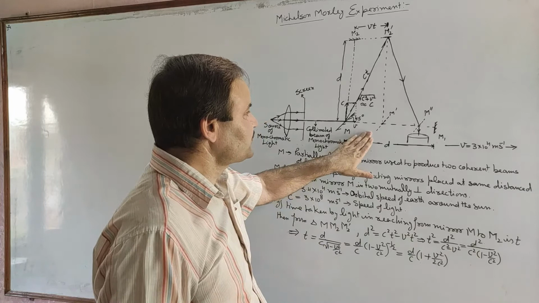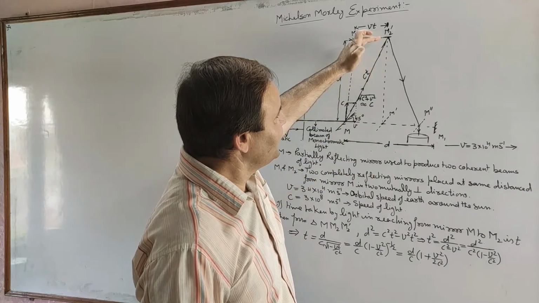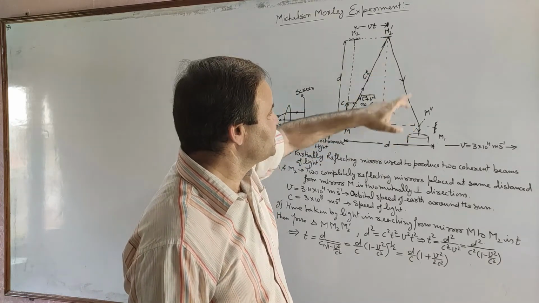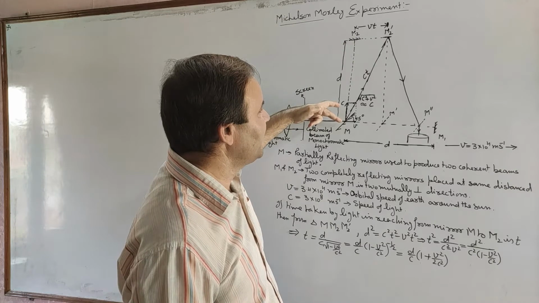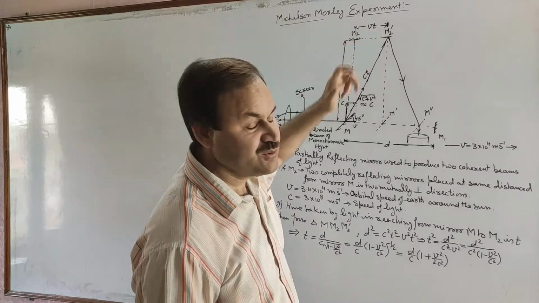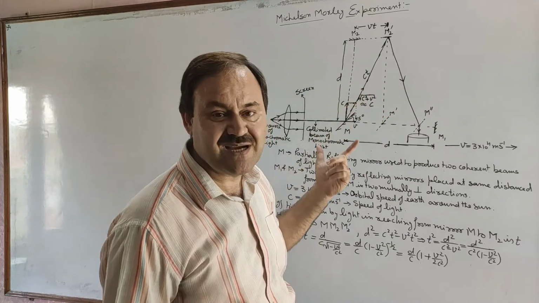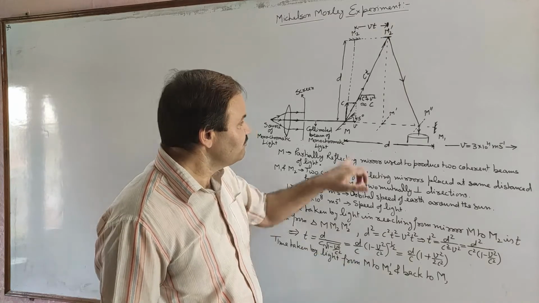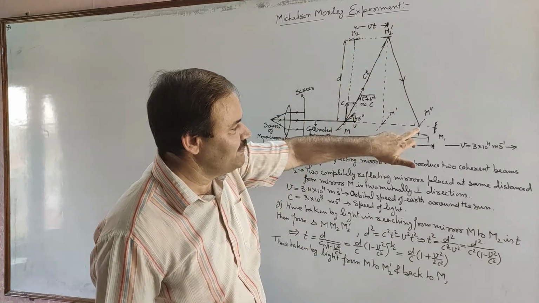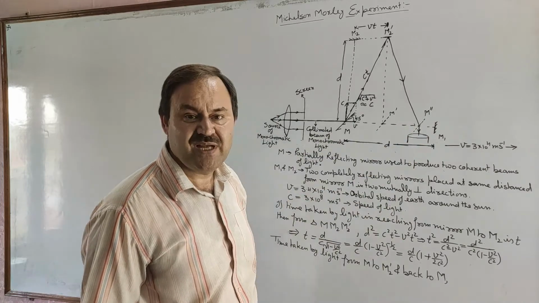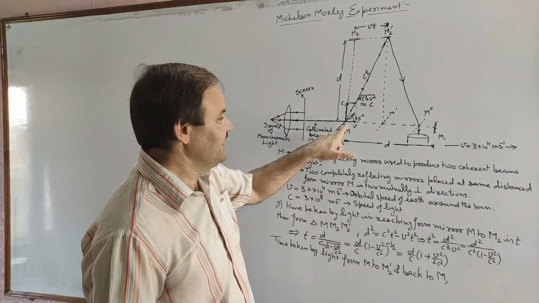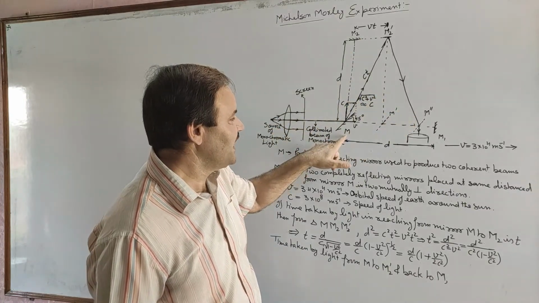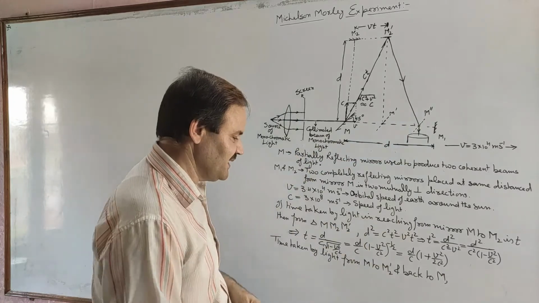Now the time taken by light from M2 dash to M double dash will be same as the time taken by light from M to M2 dash, because both the paths are identical. Hence, time taken by light from M to M2 dash and then back to M at the position M double dash, because in the time in which light will be returning back, mirror M will reach at the position M double dash.